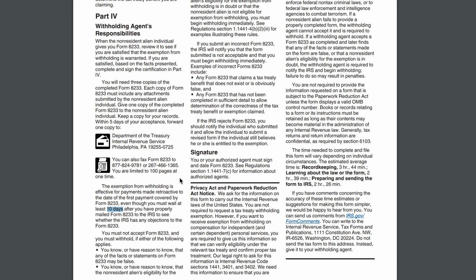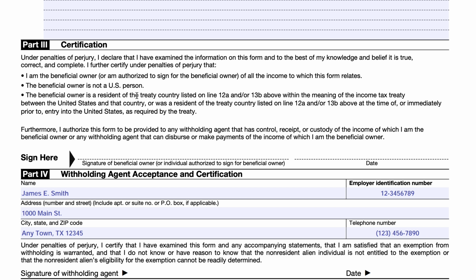You have to wait at least 10 days before you actually don't withhold anything. It is retroactive, the exemption, but you wait 10 days for the IRS to weigh in and contact you if there's something wrong or if they disagree with the form.